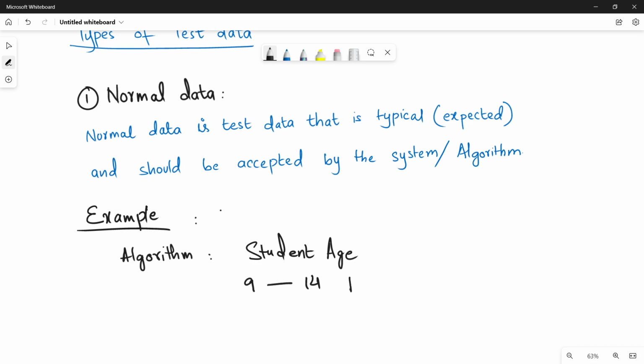This is your range check. And the second thing is your type check. The user must always input an integer value as the age of the student. So this is the type check. These two validations are applied on the input data. So keep in mind, normal data is going to be the data that will be accepted by your algorithm, and the algorithm is going to work as expected.